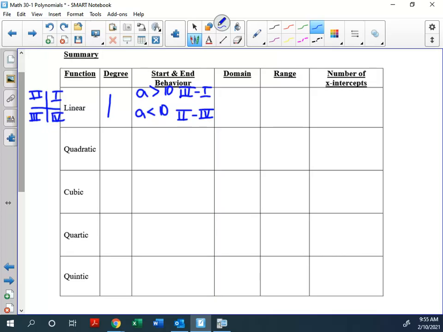All right, domain. Well, if it's a line, the domain is all real numbers. There was no restrictions on it. Because it was a line, the range was also all real numbers. And a line always had one x-intercept, always.